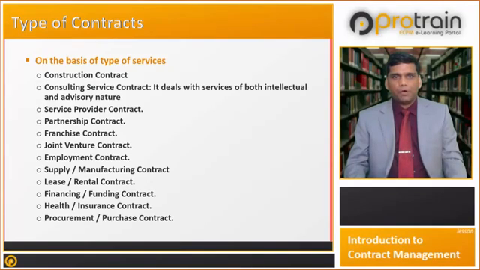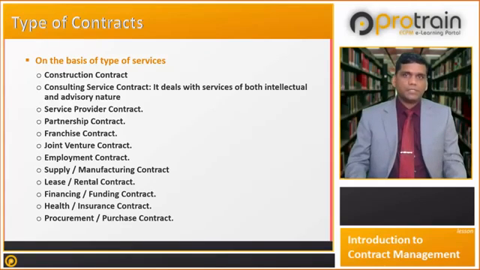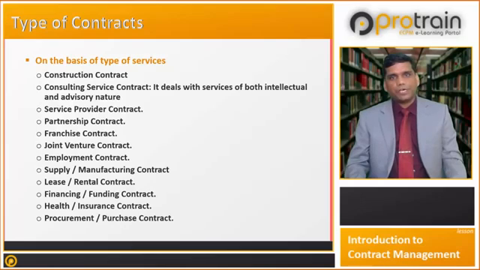On the basis of type of service, contracts are broadly categorized into contracts for supply of goods, works, consulting services, and non-consulting services. There are also other types of contracts which are case specific. Contract categories broadly based on the type of services are the following.